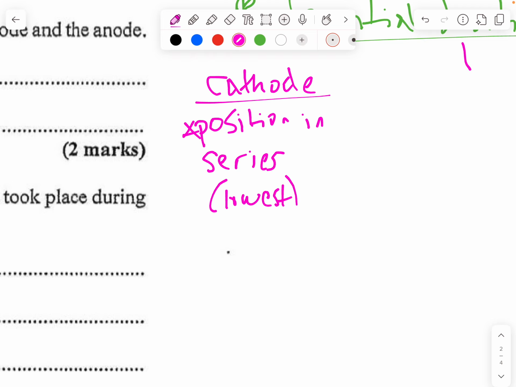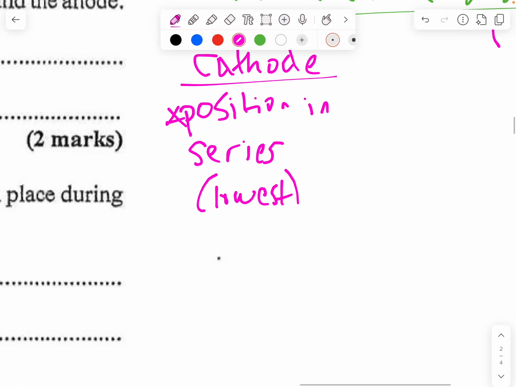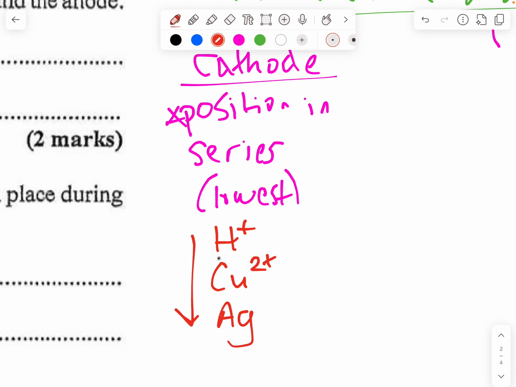And you can, of course, try to pull up an electrochemical series on your device. I always try to remember the last 3 ones because those are the ones that often show up. Right? So the last 3 on the series, we have hydrogen, then we have copper, and then we have silver. Right? And note that these are not so reactive, so that's why they get discharged.